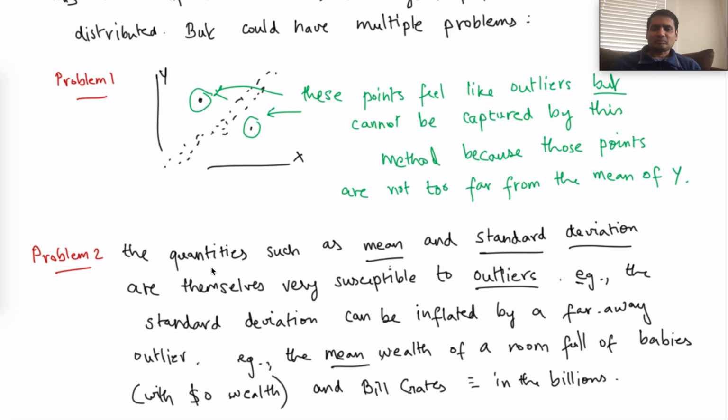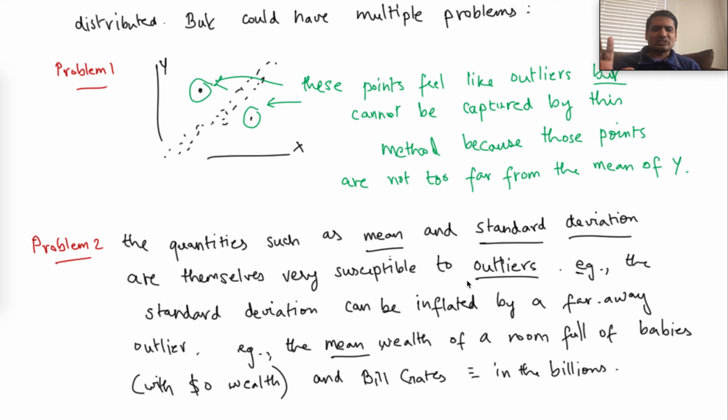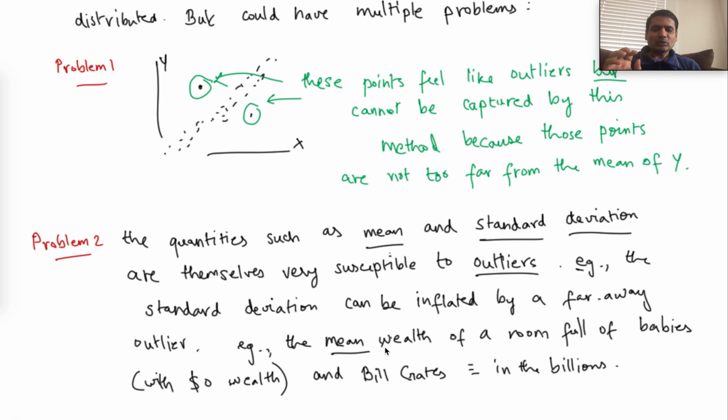And then the standard deviation is also going to be incredibly large because of the outlier, right? So just using the mean and the standard deviation might itself be a problematic approach for determining what the outliers are.